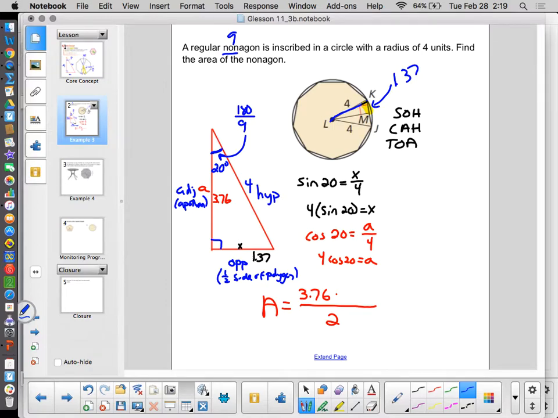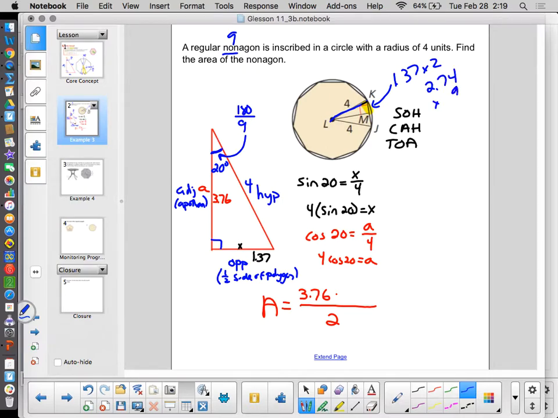There are 9 sides to this polygon, so there are 18 half sides, or we could double it to find the length of a side. So let's just take it times 2 to find the length of a side. That's going to be 2.74.